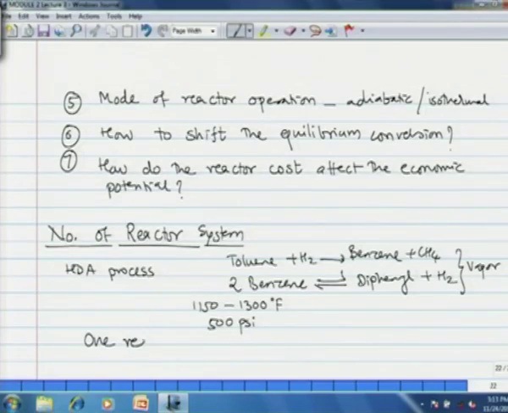Obviously, since both reactions are at the same temperature and the same pressure, only one reactor is sufficient. In addition, we also note that this is a non-catalytic reaction. Therefore, for the HDA process, the number of reactors is 1. However, this may not be the case for other processes.